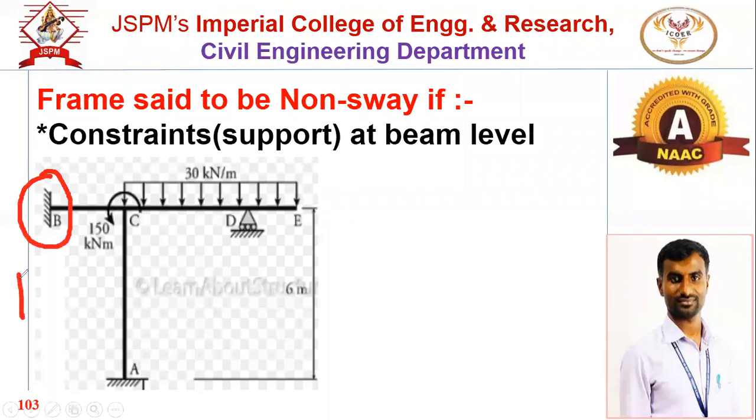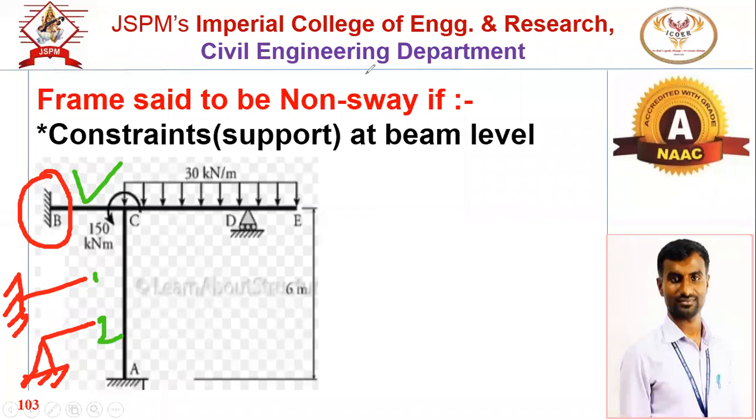Then that frame is non-sway directly. It may have unsymmetrical loading or different boundary conditions of the columns, but if either of these two supports is at beam level, the frame is directly a non-sway frame.